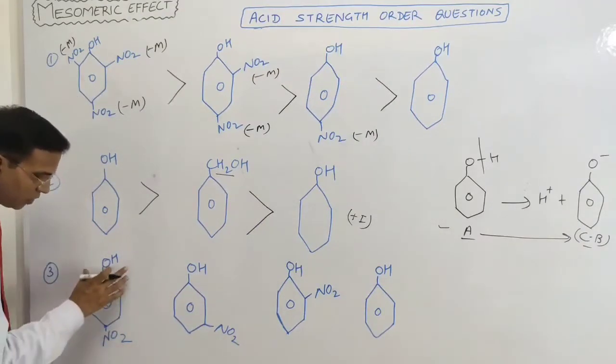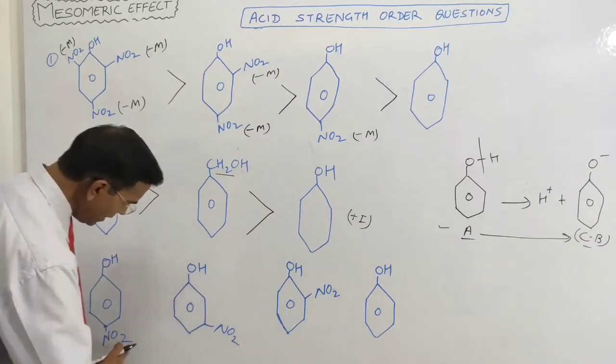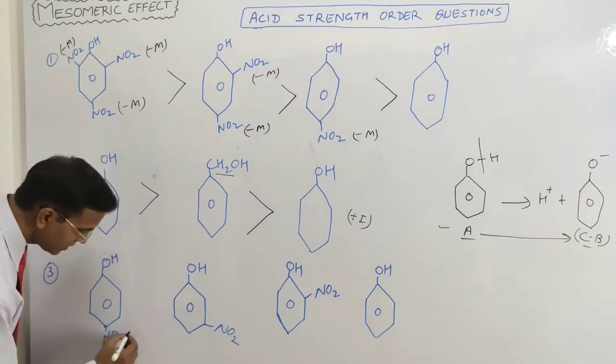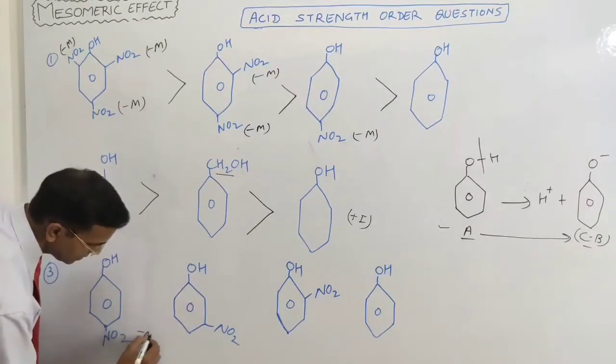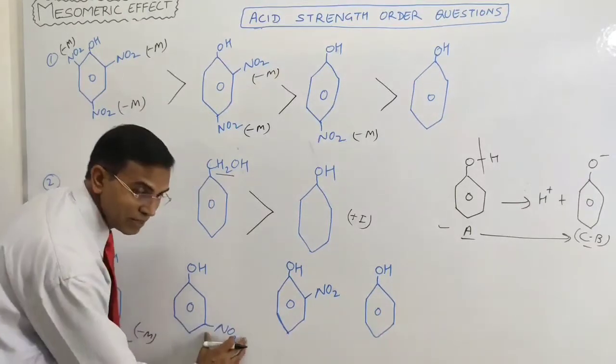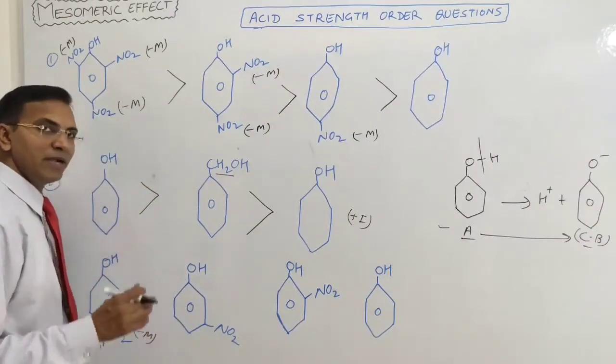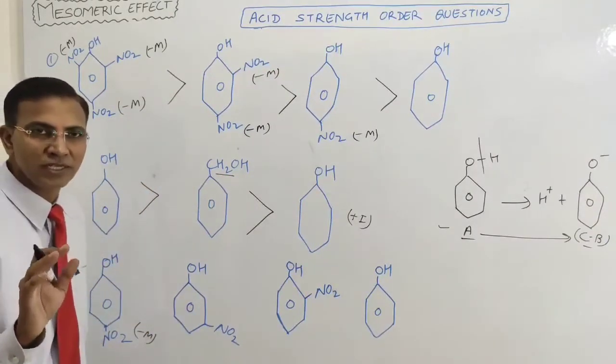In the next question phenol is there and a nitro group is attached. Even though the nitro group is a minus M showing group, in this one the NO2 group is at the meta position, and we know that at the meta position the NO2 group doesn't show its effect.